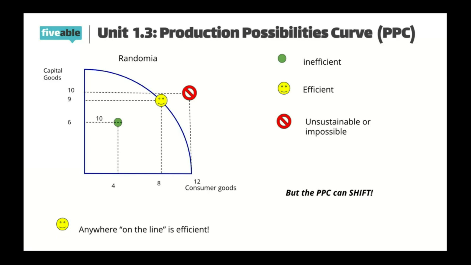Now, efficiency is that 9 and 8 there. There's nothing wrong with that. That happy face, that's efficient. There's nothing left over. If I'm producing 6 bits of capital goods and 4, well, I'm losing out because I'm not doing enough.